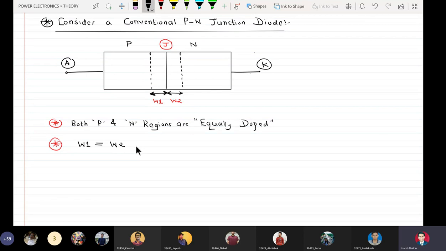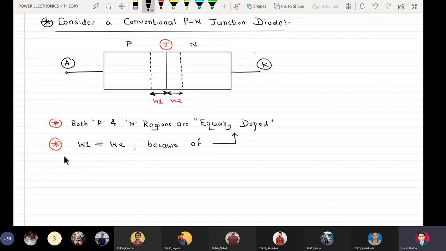Yes, you are correct that the depletion region extends equally to both sides of the junction J. But why it is like that? Because of this thing.